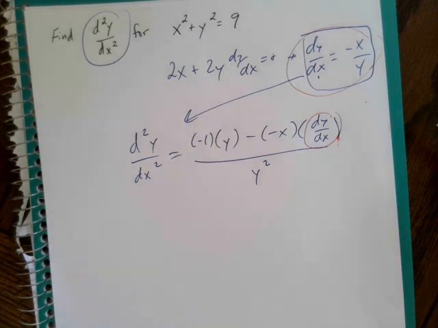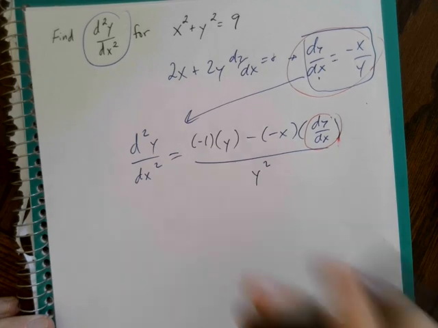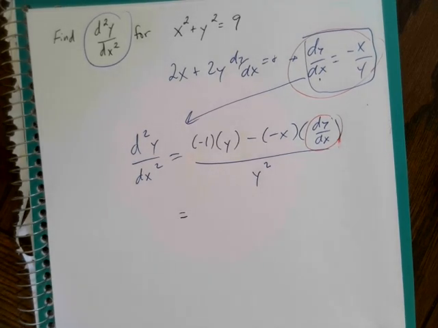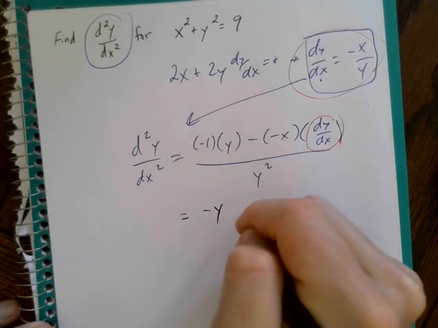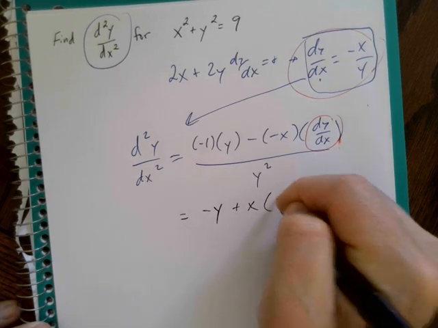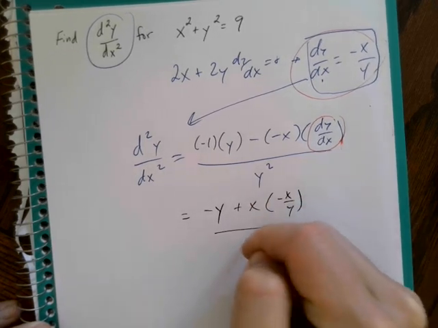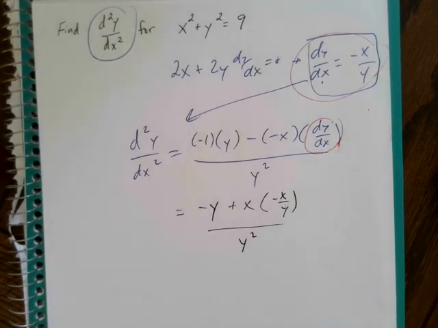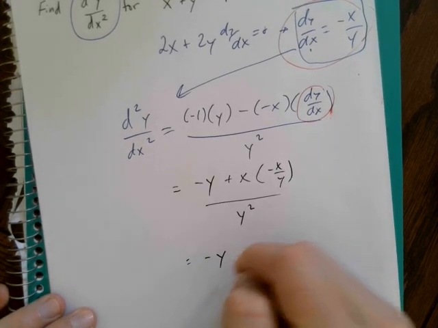And it's easy for us to get rid of this because we know what dy/dx equals in terms of x and y. So since we want to use as few variables as possible, we do that substitution. So that's negative y plus x times dy/dx. Right, and then we simplify that a little bit.